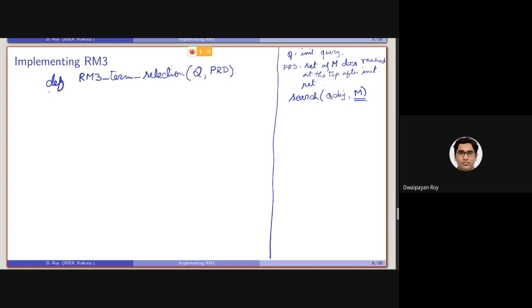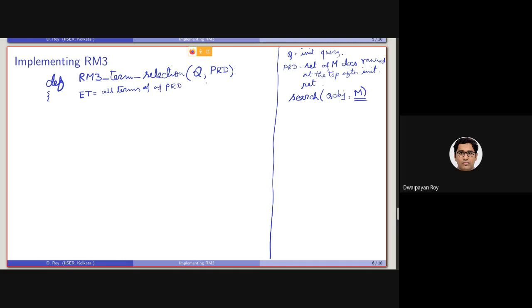All right. So in this function, first of all, let's consider, similar to the way we have defined here, let's consider ET equals to all terms of PRD.